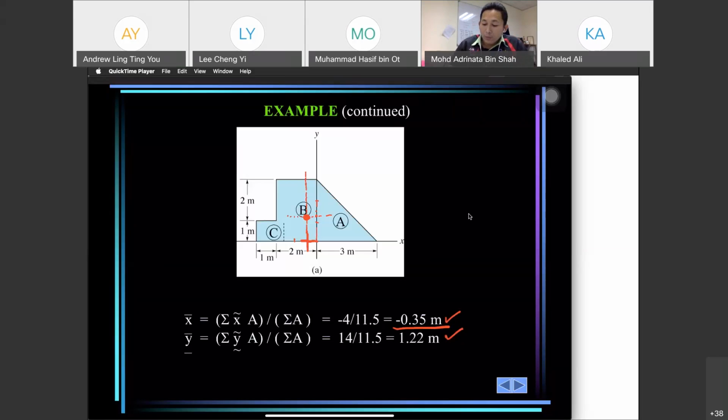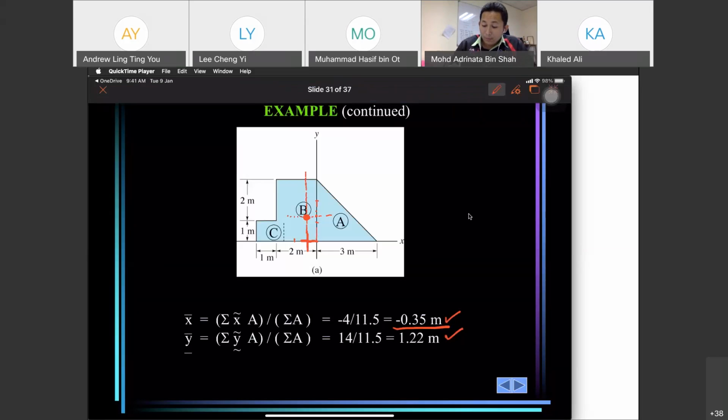Now you have x and y. I want you to make the table: A, x bar, y bar, A x bar, and A y bar. Move your y here.